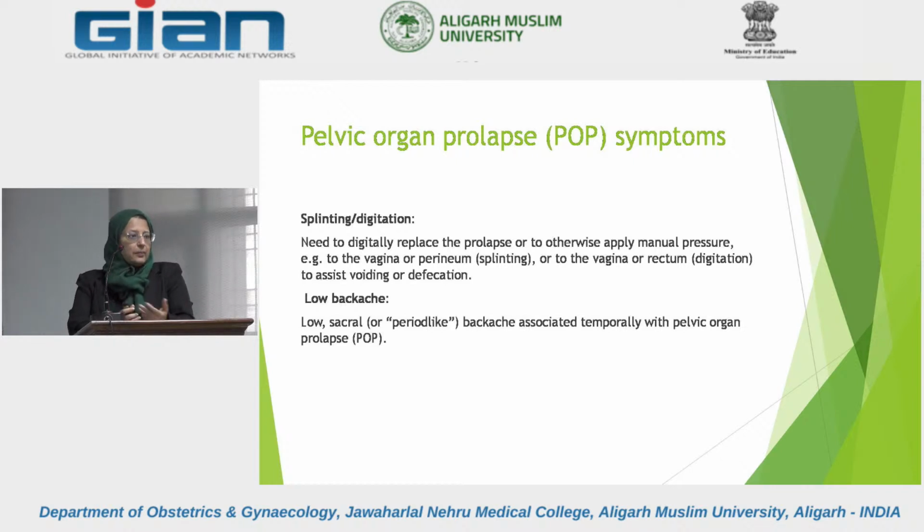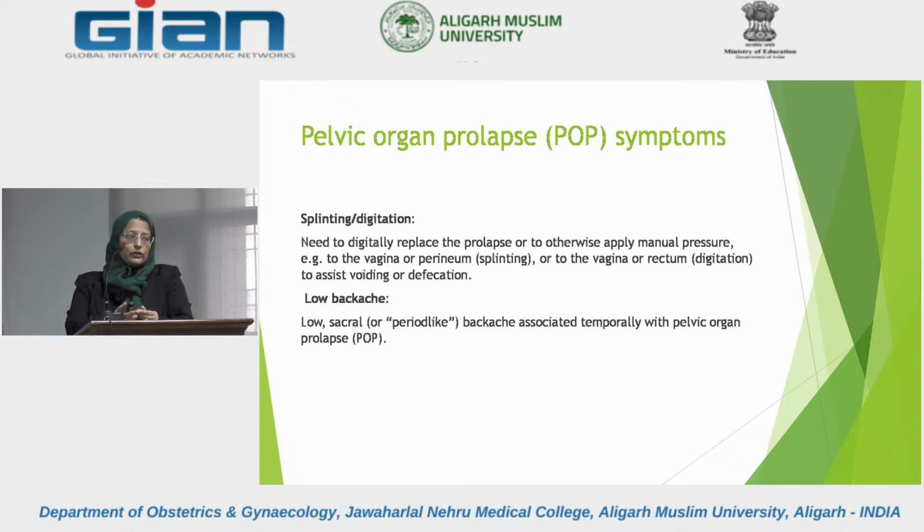So if we have a name for it, we will remember, and we will try asking the patient, when you go to the toilet, is it easy to empty your rectum in one go, or you try to go, nothing is happening, poo does not come out, and you have to put your fingers in the vagina or on the side to press on the bulge in order for the poo to come out. So this symptom has been given the name of splinting or digitation.